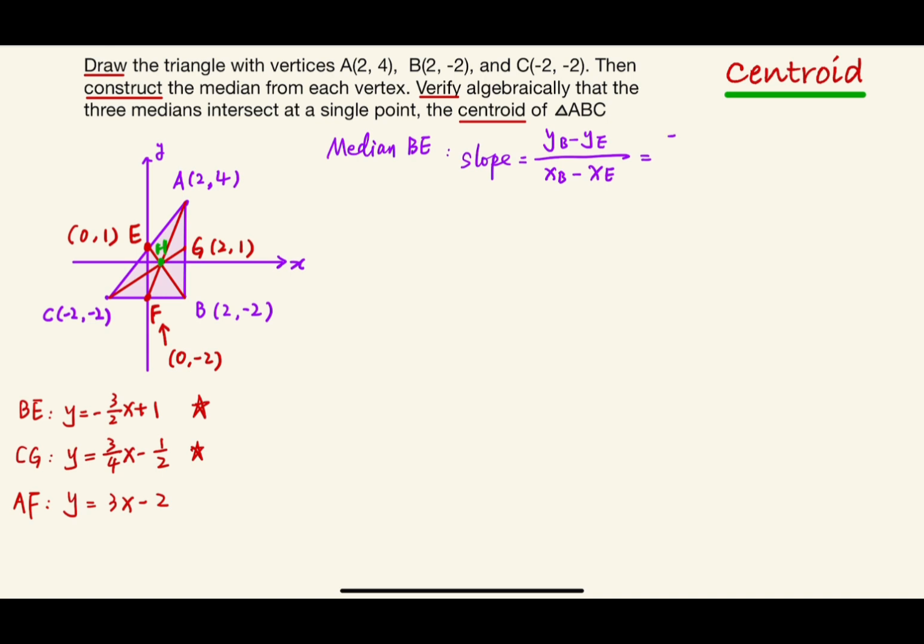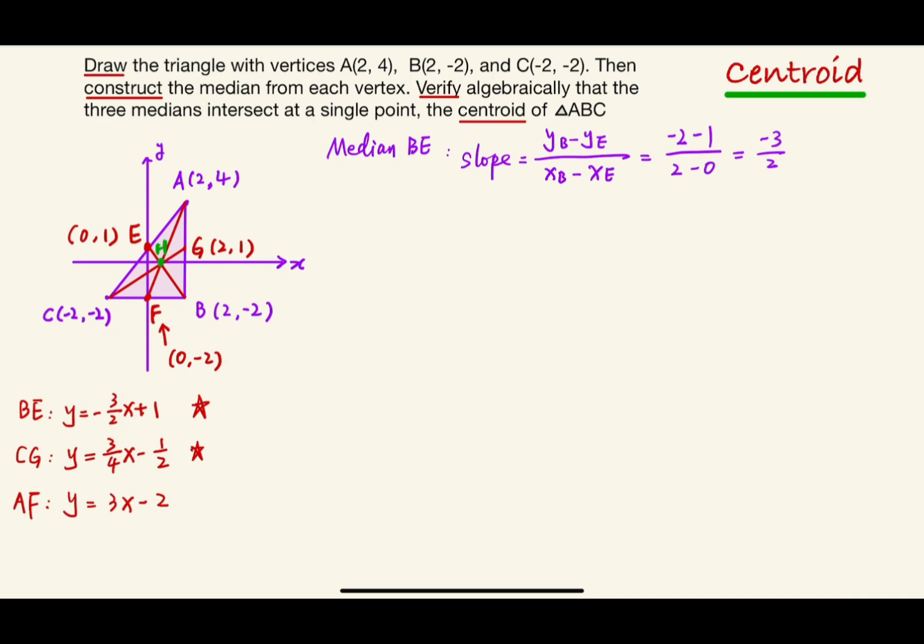So negative 2 minus 1, xB 2, xE 0. So negative 3 over 2. Be careful. You should not reverse the order of yB, yE. If you put yB in front of yE, you need to put xB in front of xE. Okay, this is the slope.